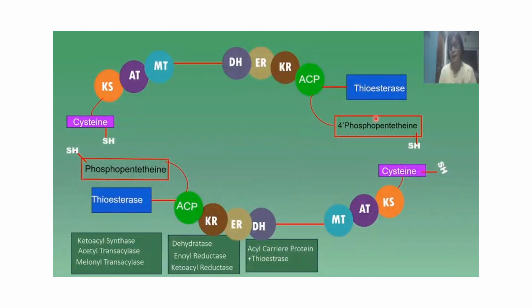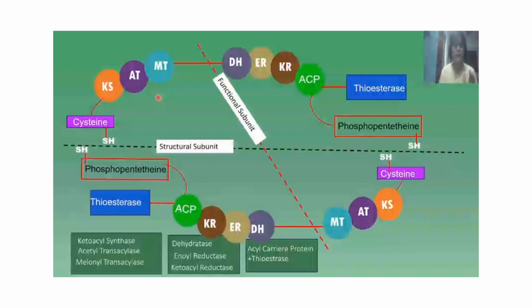This way, the SH group of ACP of monomer 1 remains in close proximity with the SH group of ketoacyl synthase enzyme of monomer 2. Similarly, at the other end, the ACP of monomer 2, which is linked with the sulfhydryl group, remains in close association with the SH group of ketoacyl synthase of monomer 1.